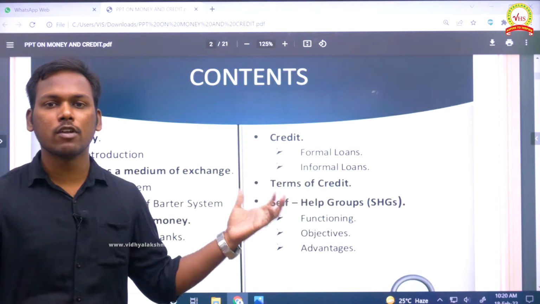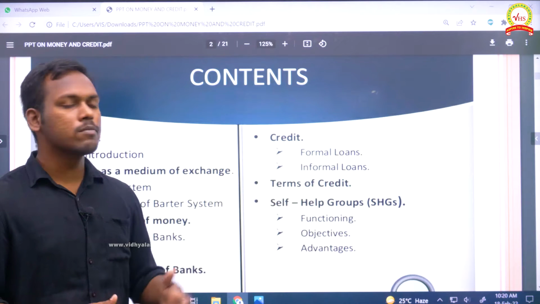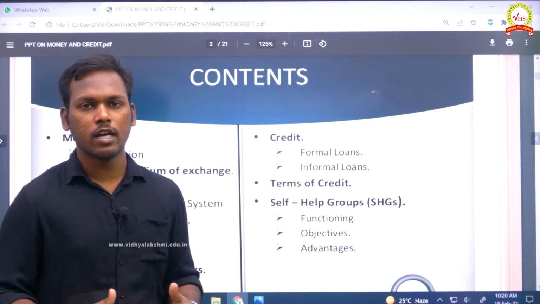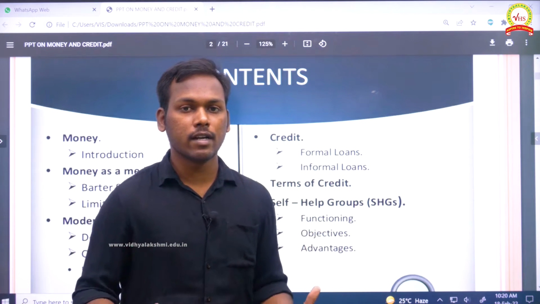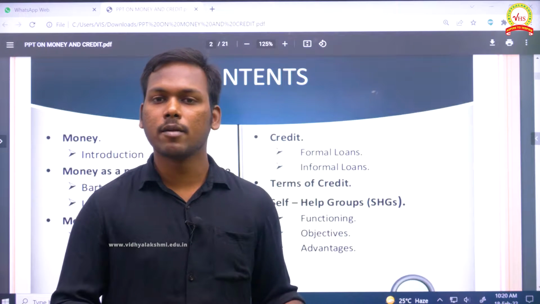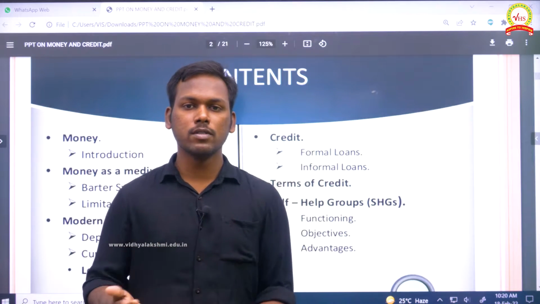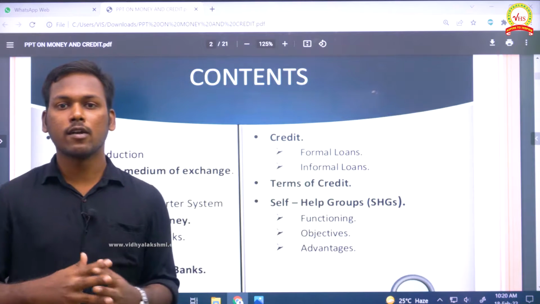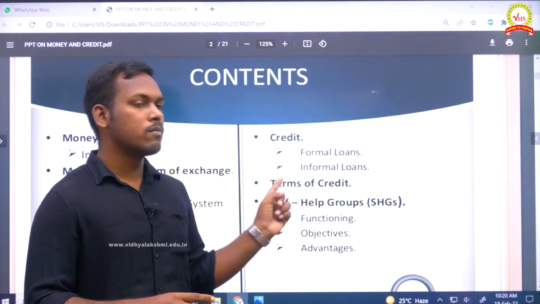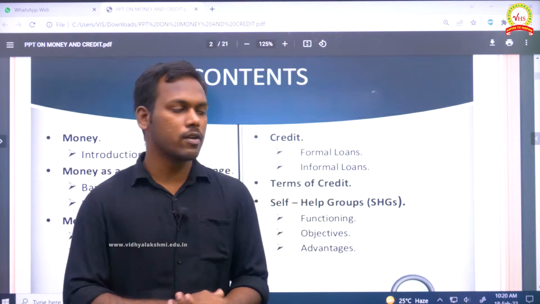That is formal and informal loans. And the terms of credit: in the formal sector, money can't just be given to you. You have to produce certain certificates in order to get a loan. That is called terms of credit, so there are certain terminologies.